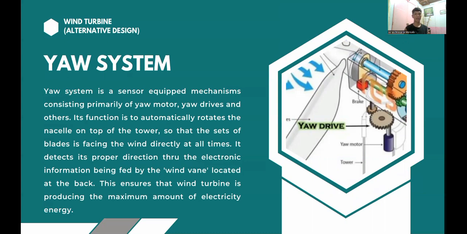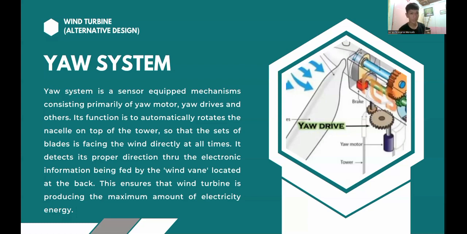It detects its proper direction through the electronic information being fed by the wind vane located at the back. This ensures that the wind turbine is producing the maximum amount of electrical energy.